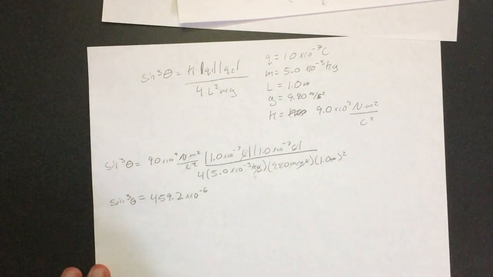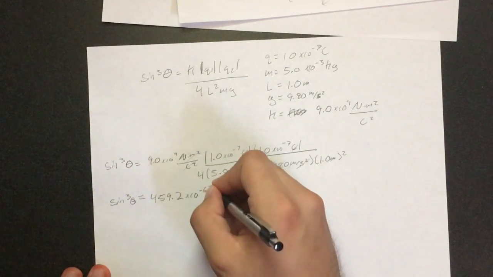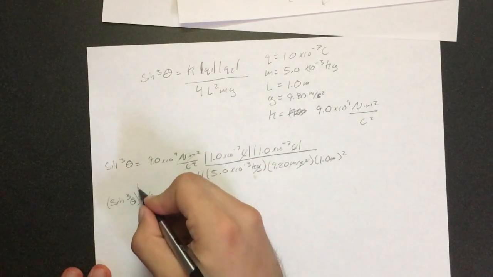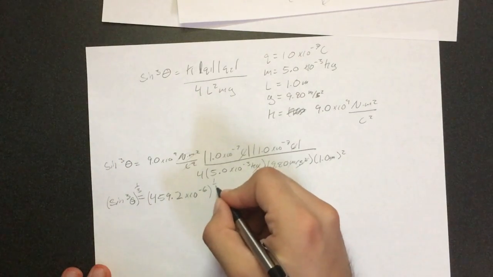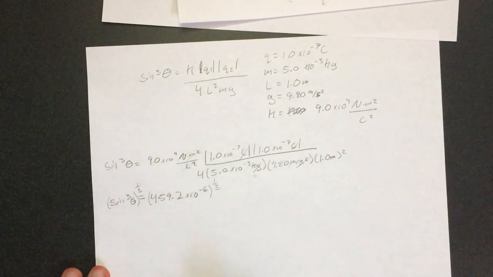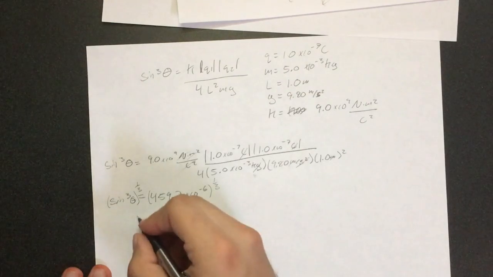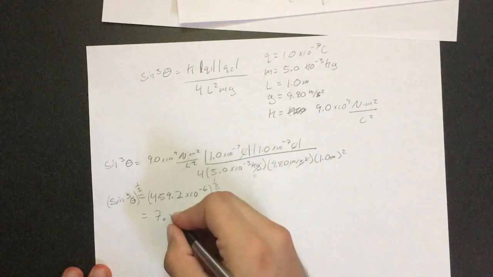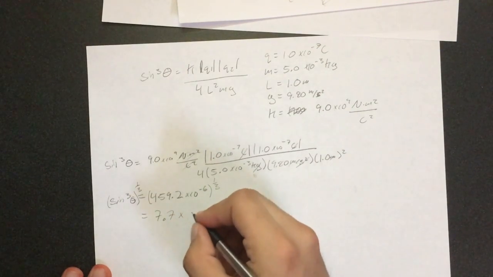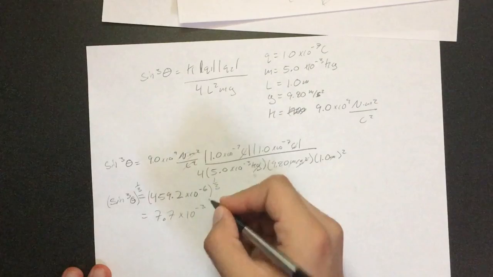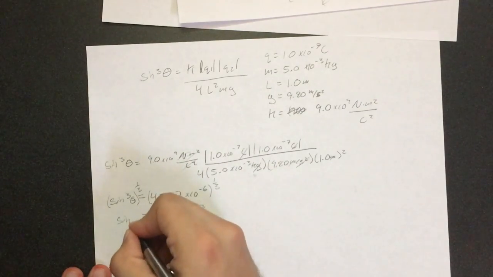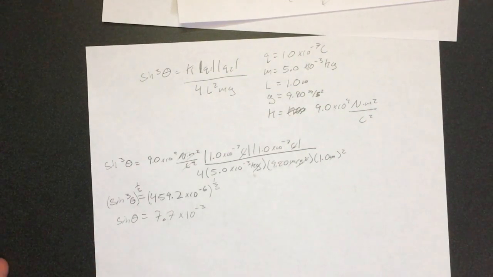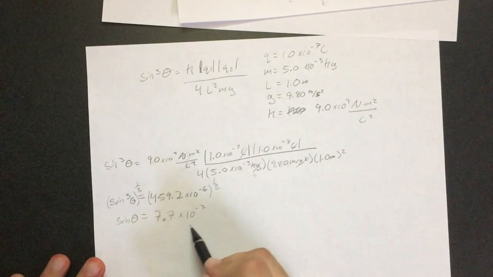So the next step is we have to cube root the equation. Why? Because we have a sine cubed. To simplify it to just sine theta, we have to take the cube root. It's just basic math. Plug it into your calculator. It's not too difficult. So that gives us sine theta equals 7.7 times 10 to the negative 3.